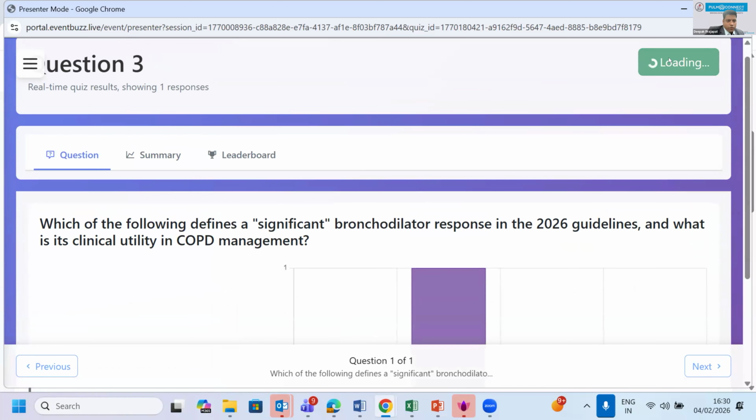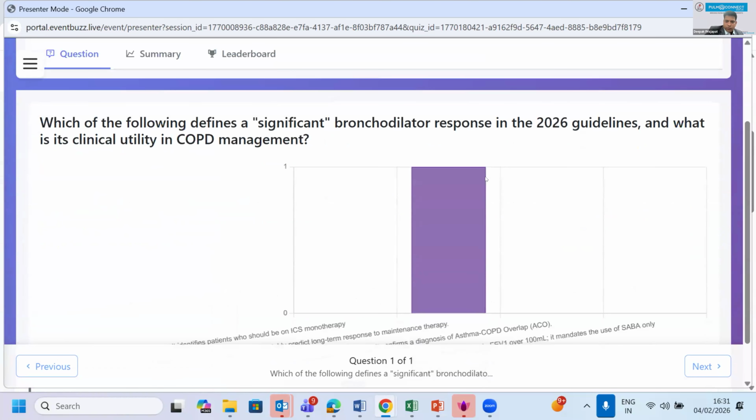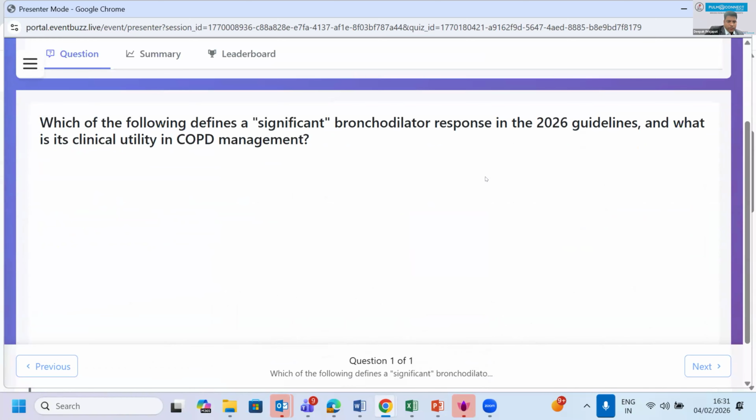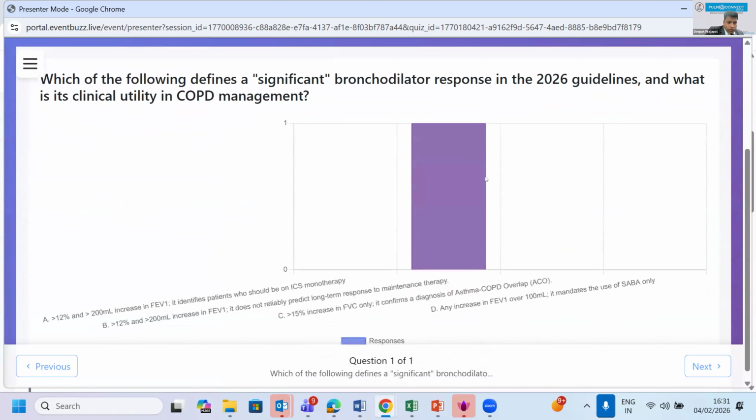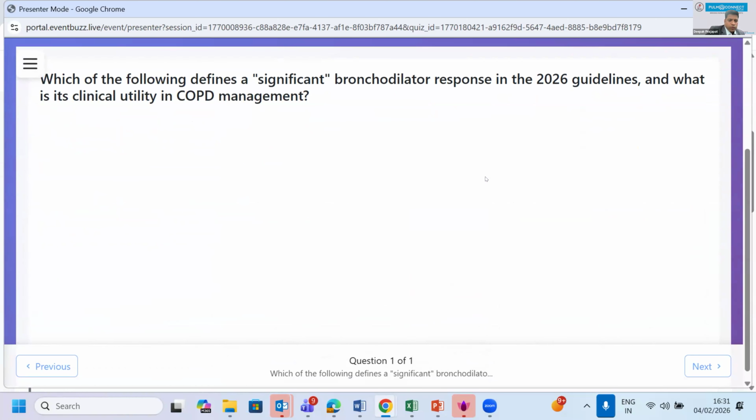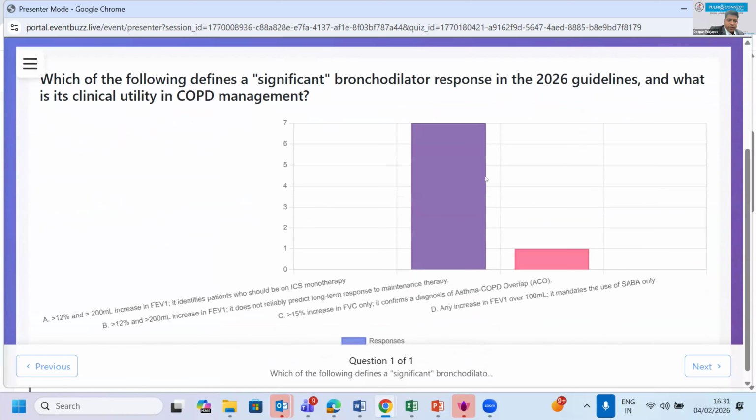Question 3. Which of the following defines a significant bronchodilator response in the 2026 guideline, and what is its clinical utility in COPD management? The first option is, more than 12% and more than 200 ml increase in FEV1; it identifies the patient who should be on ICS monotherapy.